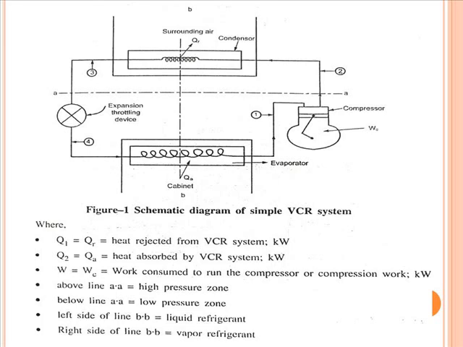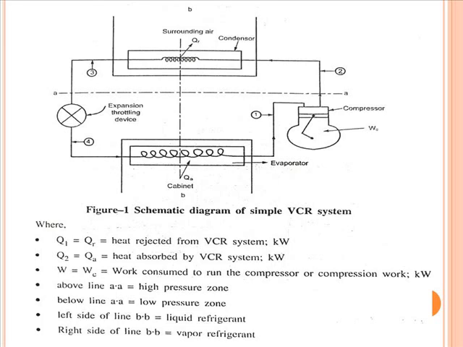Now the second component is a condenser. In our domestic refrigerator, the condenser is located at the back side of the refrigerator. Generally it is a non-contact type of heat exchanger in which the hot fluid is high pressure, high temperature vapor refrigerant and the cold fluid is surrounding air.